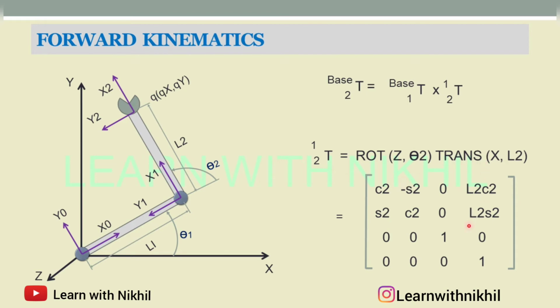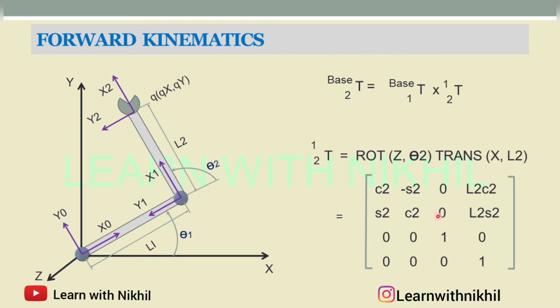That will again be a 4x4 matrix, where this is the rotation about z at an angle of theta 2: cos theta 2, minus sin theta 2, sin theta 2, cos theta 2. So this is the 3x3 rotation matrix, and this is the position part, L2 cos theta 2, L2 sin theta 2. So this is the 4x4 matrix.